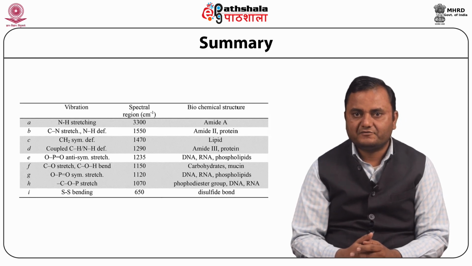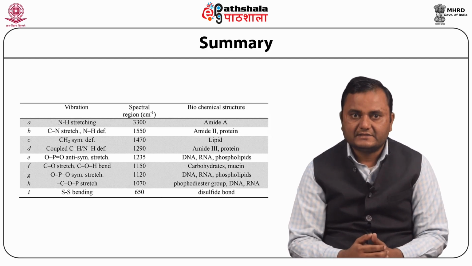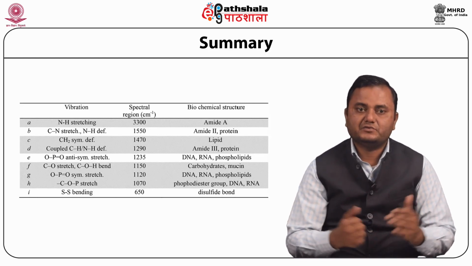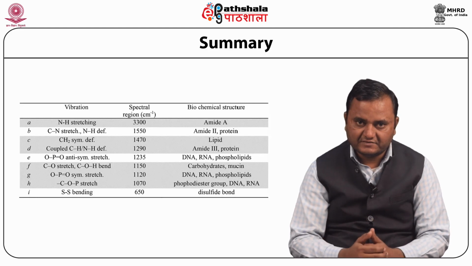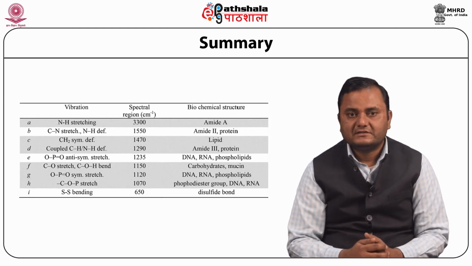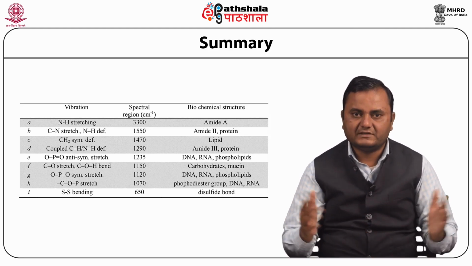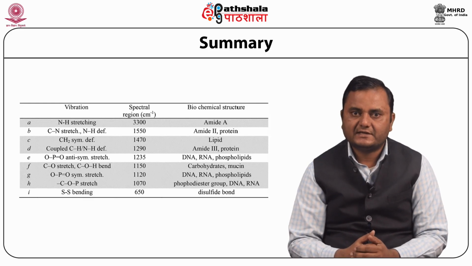In the case of the phosphodiester group of DNA and RNA, the COP stretching gives you a band at 1070. But the disulfide bonds, because of sulfur bending, give a peak found in the spectral region of 650.